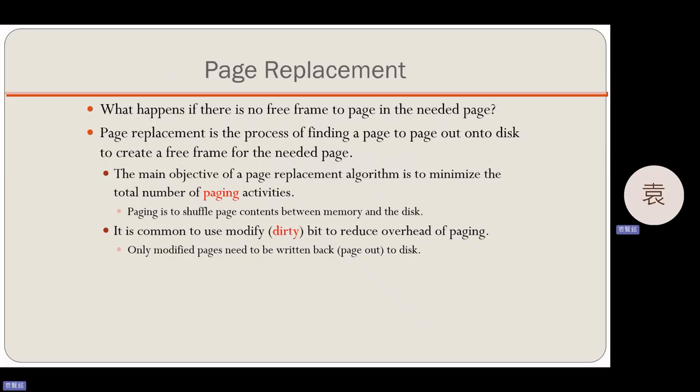If a selected page is modified, that means during its residence in memory the process has modified the content of that page. Then, if this page is selected to page out, we need to write the new content in physical memory back to the backend store.